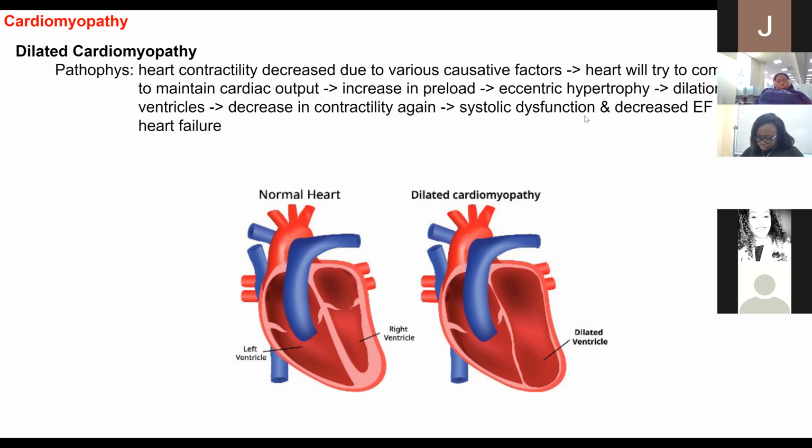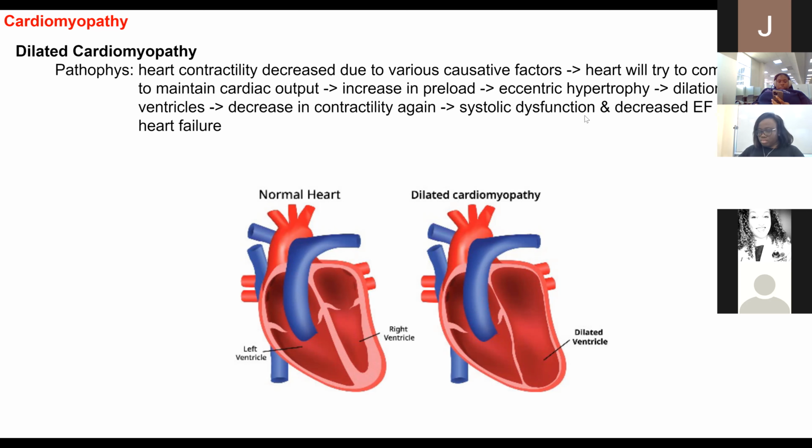So again, anything that can cause this would decrease your myocardial contractility, right? If you have a decrease in your myocardial contractility, your body is going to recognize this. If your heart is not able to contract as much, your cardiac output is going to get lower, because you're not going to have as much blood being pumped out.